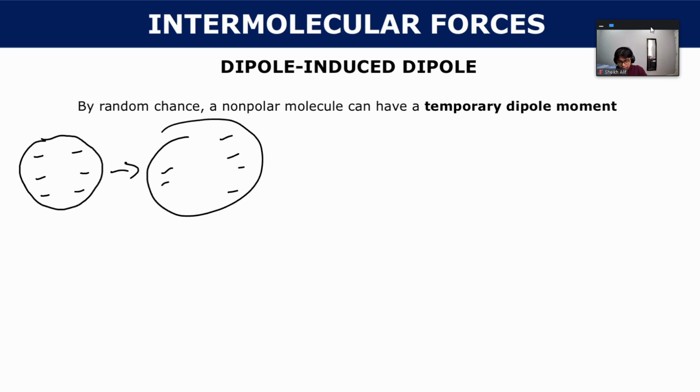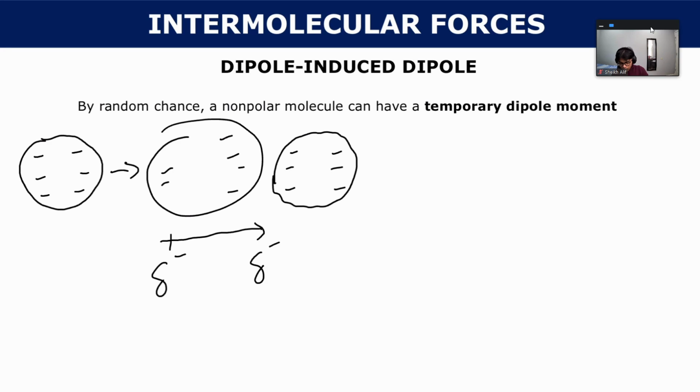Well, you have to remember that this molecule is surrounded by many other nonpolar molecules. So let's say we have another nonpolar molecule with an even distribution of charge. Now, this molecule right here has created a dipole, and the dipole from this molecule is going to induce a dipole in this molecule.